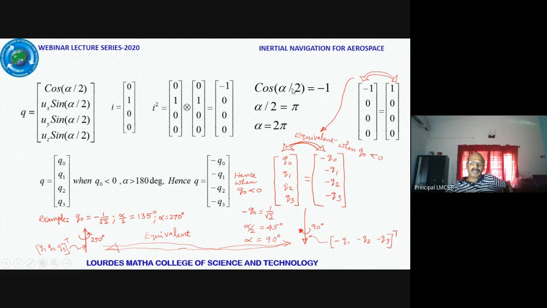It means cos(alpha/2) is equal to -1. That means alpha by 2 is pi. That is, alpha is 2 pi. That means you have rotated 360 degrees. That's what it means. Then, if that is so, -1 can be made 1 also. It doesn't matter. They are equal.